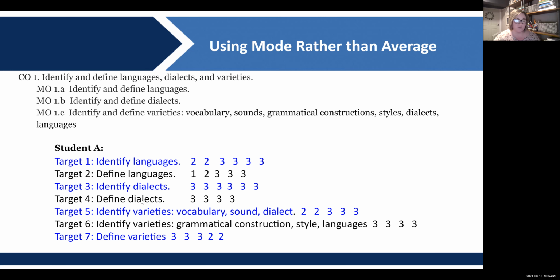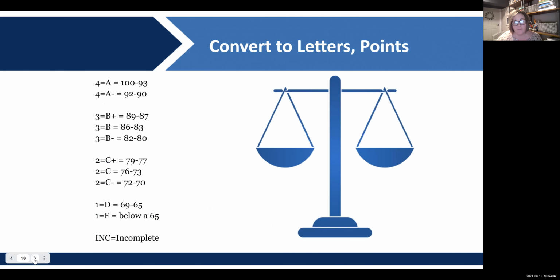I have far more discrete information about what that looked like, target by target, which targets they struggled with and when. And this information guided my instruction and helped me become a better teacher so that their likelihood of achieving that greater target was much higher over time.